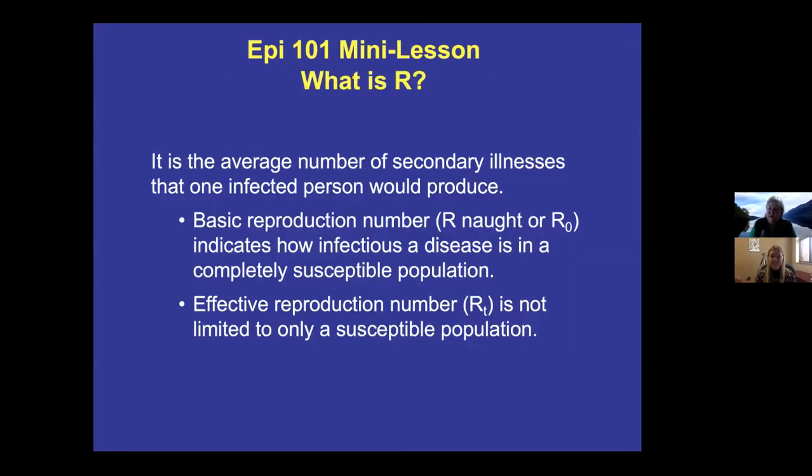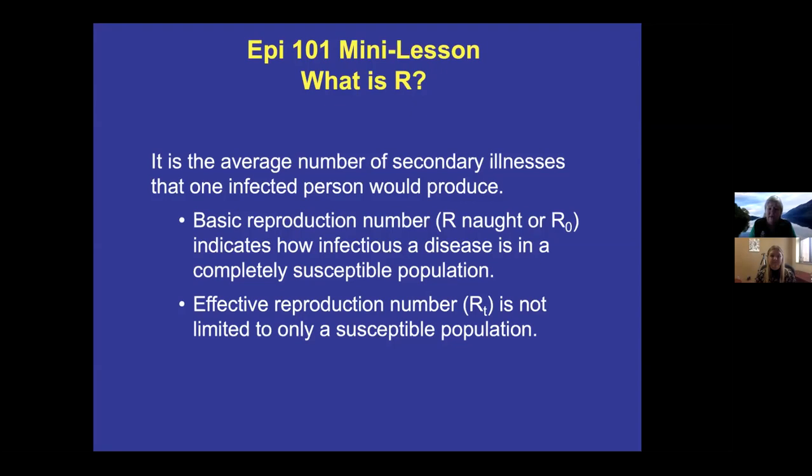But what is this R that you often see when it comes to infectious diseases? Well, it's the average number of secondary illnesses, or people that you make sick, that one infected person would produce. So there are two different kinds of R's. We have the basic reproduction number, which people refer to as R naught.